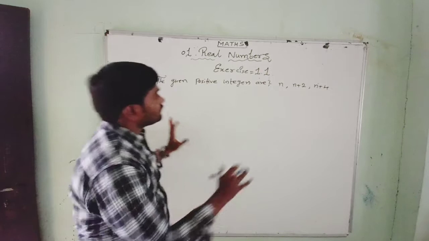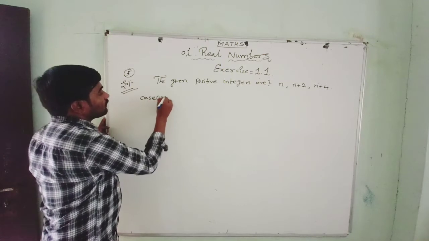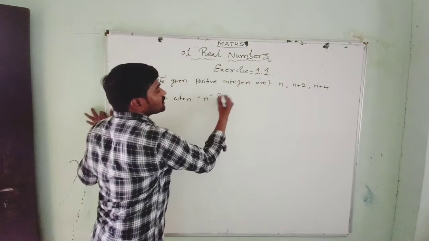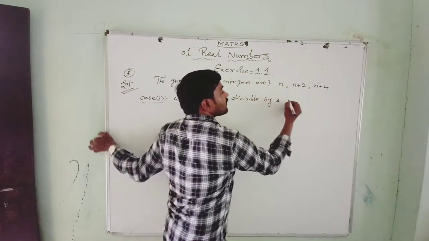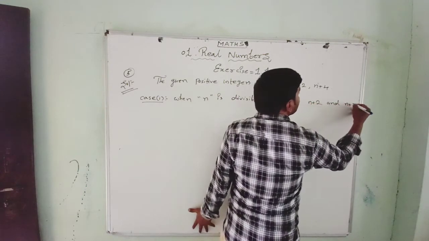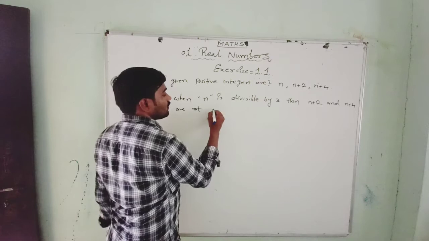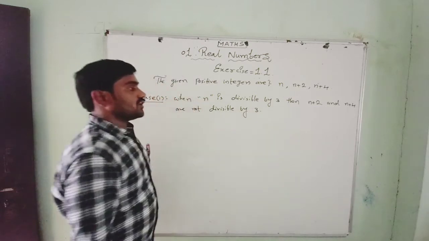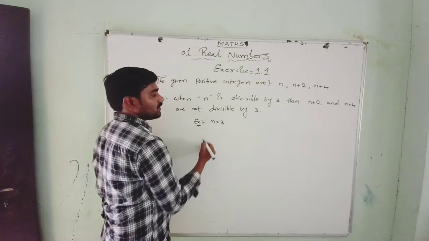So let us check the answer. In case 1, when n is divisible by 3, then n plus 2 and n plus 4 are not divisible by 3.